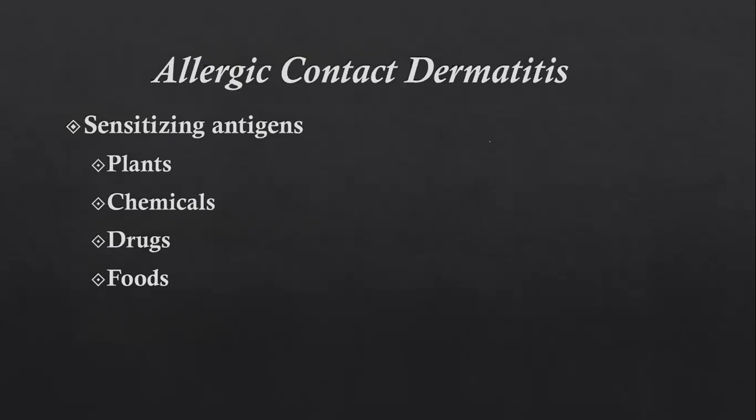Okay. So everybody understand about the irritant. And then we'll do a quiz at the end, just to make sure everybody knows what they need to know. So any kind of sensitizing agents, plants, chemicals, this is what we're talking about, like poison ivy. Plants, chemicals, drugs, foods can also cause it.